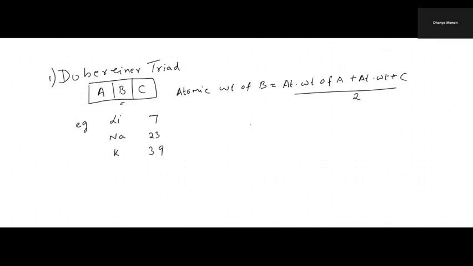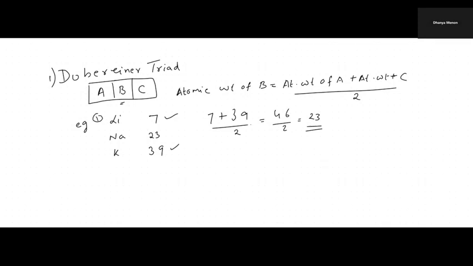Let's check it: 7 plus 39 divided by 2. This comes to 46 by 2, which is 23. So we got the answer for sodium, the element in the middle. This is one example.